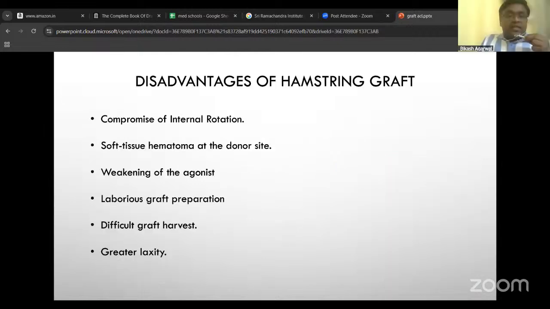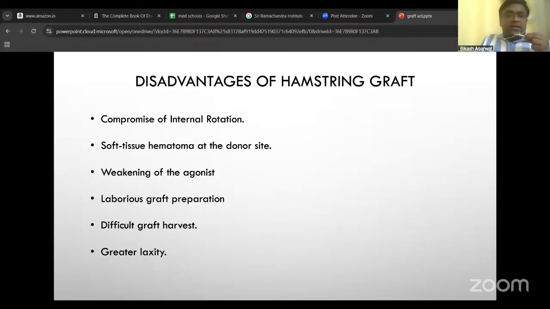Now, disadvantage is it is said to compromise some amount of internal rotation. There could be soft tissue hematoma at the site, and weakening of agonist. Now, it is said that in ACL, the agonists are the hamstrings. When we take the hamstring, the agonists are said to be weakened.